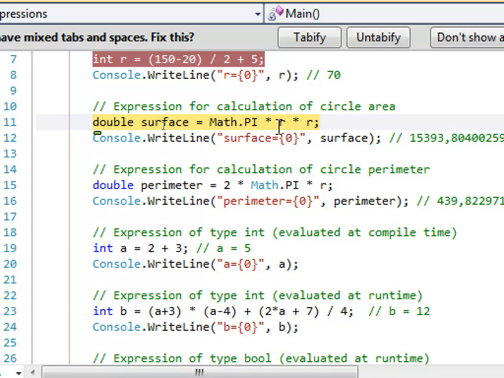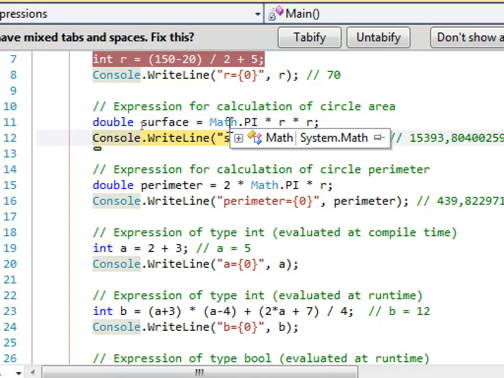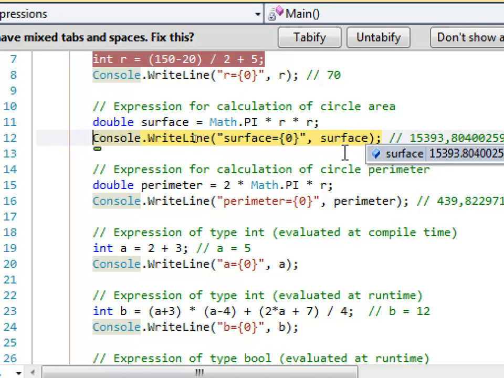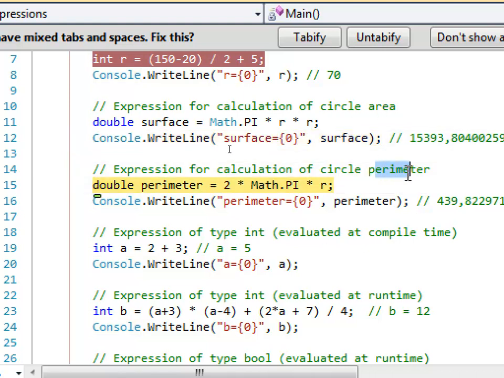Here you have the value of pi. Calculating radius squared times pi is the surface, or what's it called? I forgot. Perimeter. Yeah. Actually, this is the surface, I think. Perimeter is 2 times pi times radius, right? Yeah, that's what we see here.